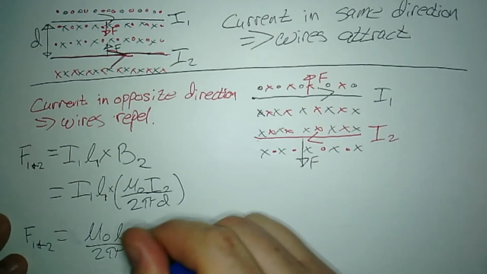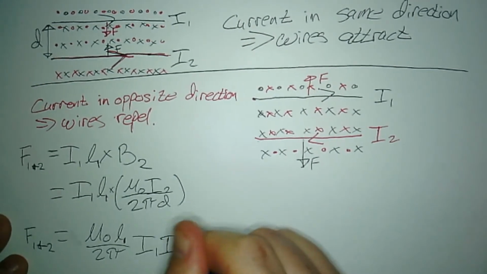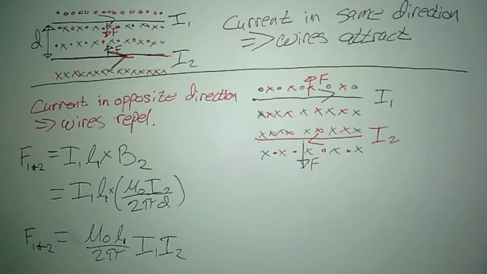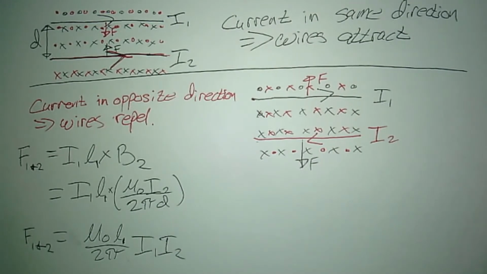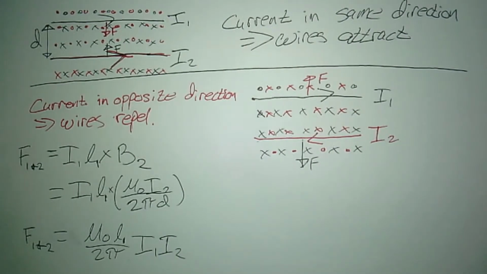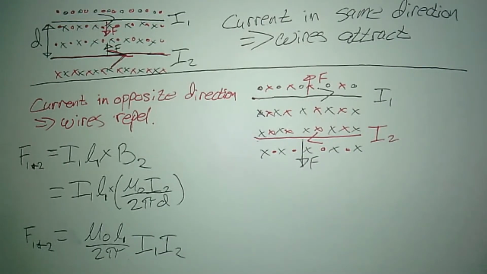And that's going to be I1 I2. Now it doesn't actually matter which order these two go in, because multiplication is commutative, right? I can switch it around, and 2 times 3 is the same thing as 3 times 2.